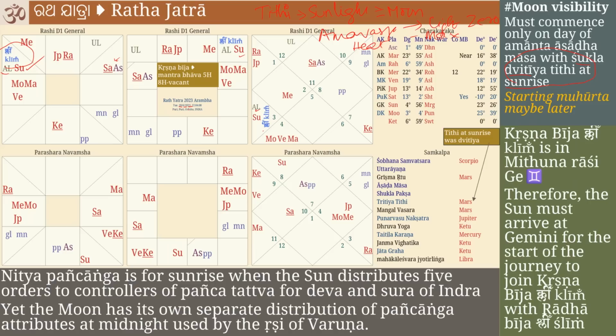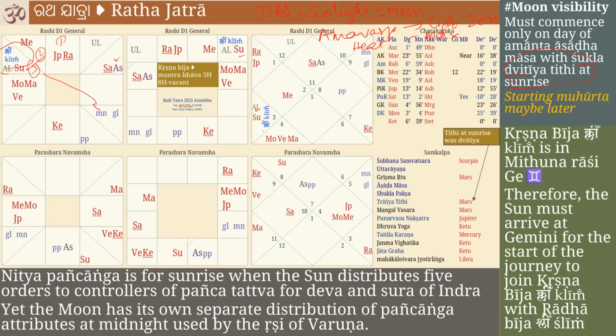That is how the Lagna is chosen. The Klim Bija is in Mithuna Rashi, therefore the sun must arrive at Gemini for the start of the journey to join Krishna. So first step, second step, and the third step is Mithuna.